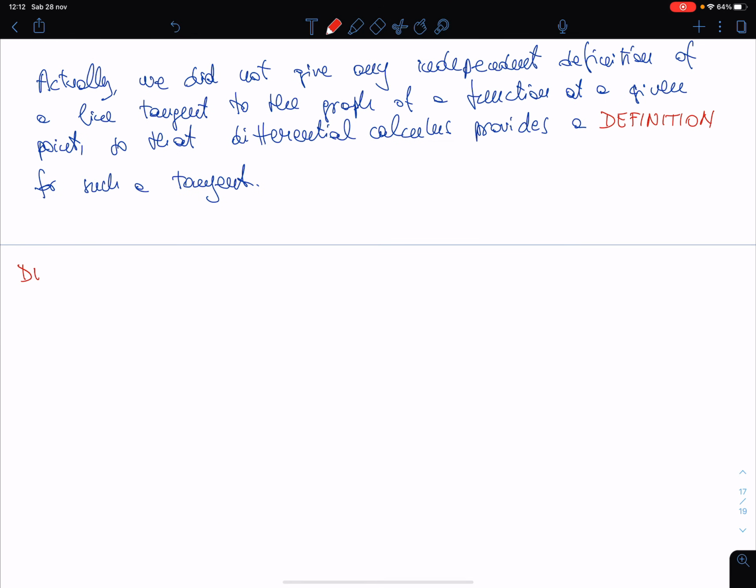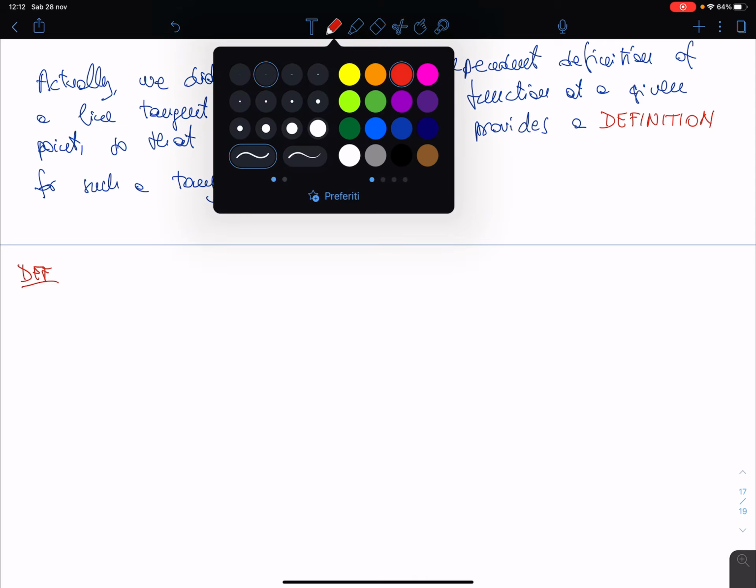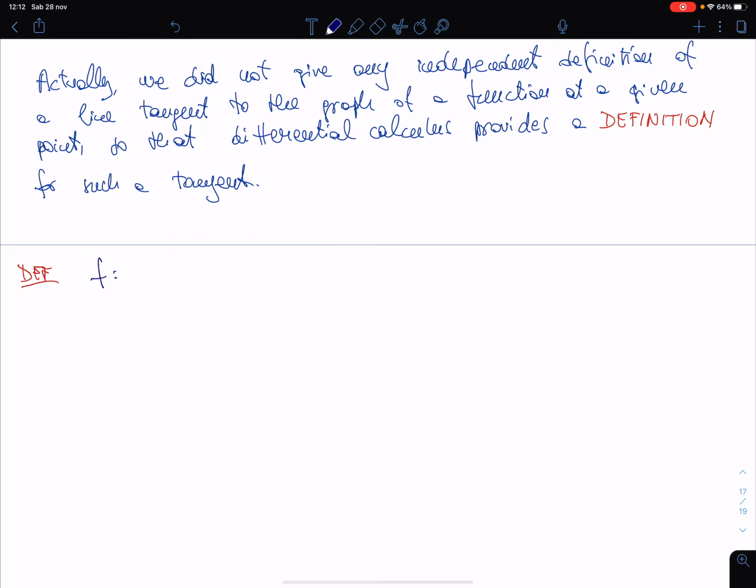The definition says: let f from (a,b) to R be differentiable at a certain point x bar in (a,b).